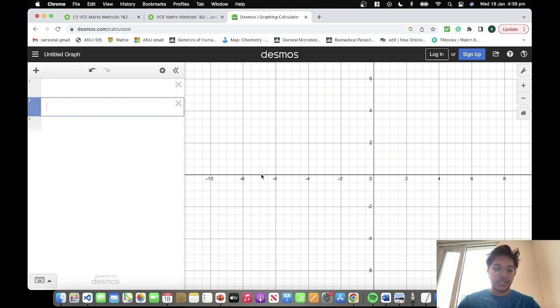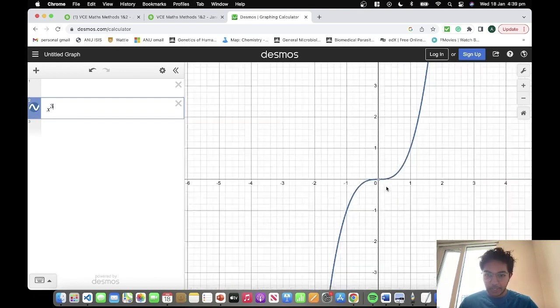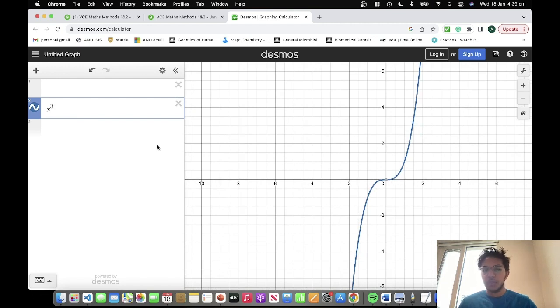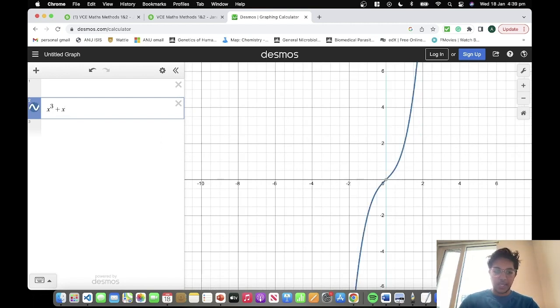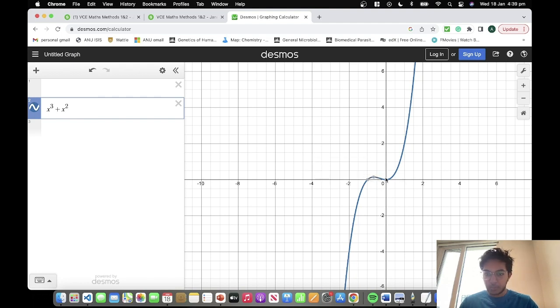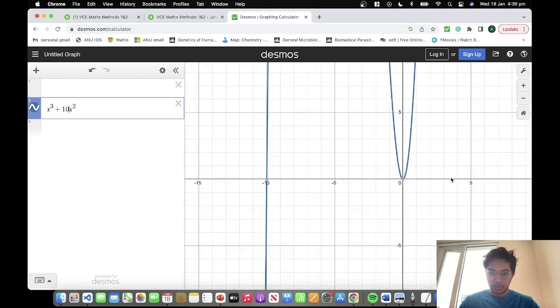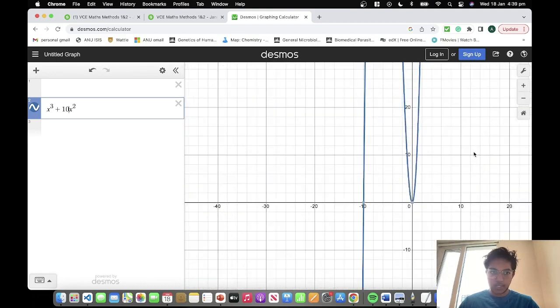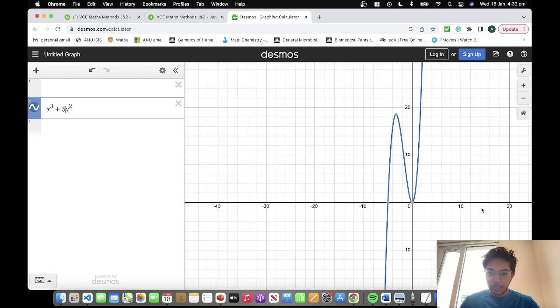I'll also show you cubics. So with cubics, you can see already it has that weird shape, but sometimes it won't always have that. If I do plus x, that shape changes. If I do plus x squared, now I have this sort of bumpy shape. I'll see if I can make that larger. So we'll zoom out. Oh, 10 is probably too big. Try 5.